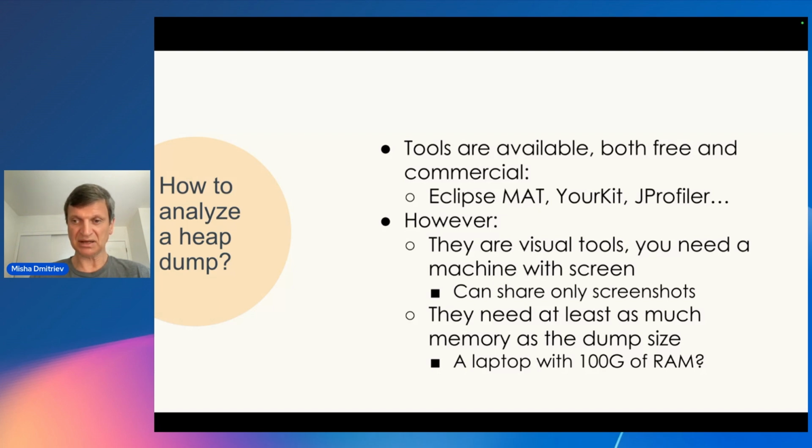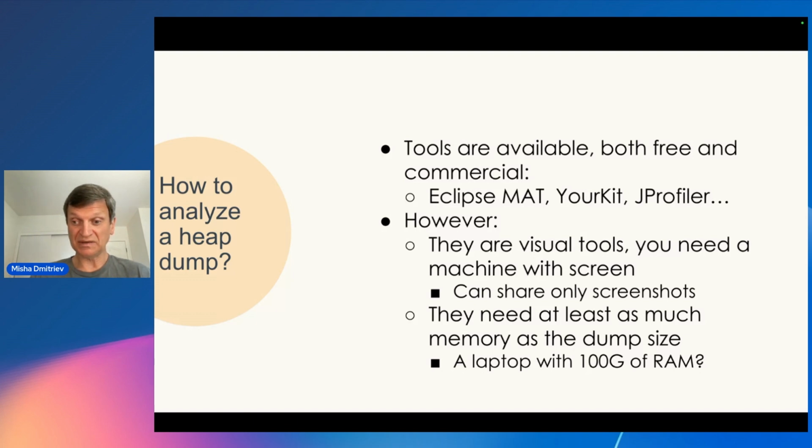The main one is, well, it may or may not be an issue depending on the situation, but they are visual tools. So you need a machine with a screen to analyze a heap dump. And if a heap dump is just, okay, 1 gigabyte, analyzing it on your laptop, which will probably have much more RAM than that, is no problem.